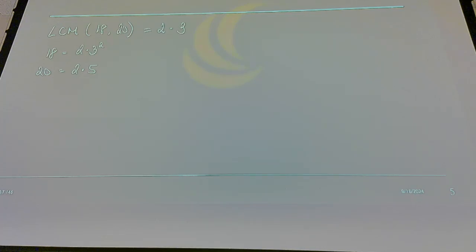What's the highest power that occurs? 2. What's the highest power that occurs for 5? There's your LCM. 2 squared times 3 squared times 5, which is 180. The least common denominator is the least common multiple of all the denominators.